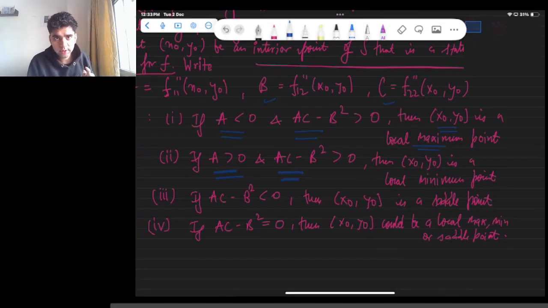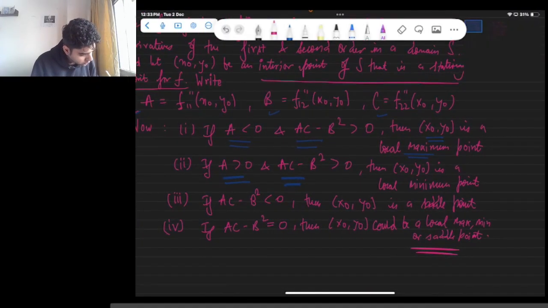And the fourth condition says that if ac minus b square is equal to 0, then x naught comma y naught could be a local max, a local min, or a saddle point. So this is a special condition. In the case that this condition arises, we would have to manually put in the points around the interior stationary point and check if this is actually a local maximum, minimum, or what.